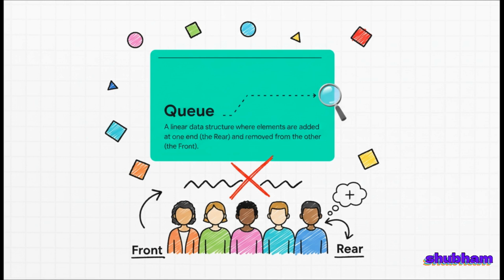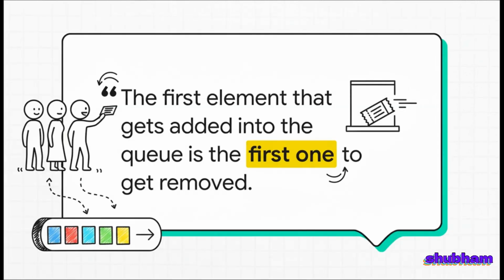You can only add to the back and only remove from the front. No cutting, no exceptions. And this, right here, is the golden rule. First in, first out. You'll hear people call it FIFO. The first person who got in line is the first person to get their ticket. The first piece of data added to the structure is the first one that gets processed. It's this principle of fairness that makes queues so incredibly useful.